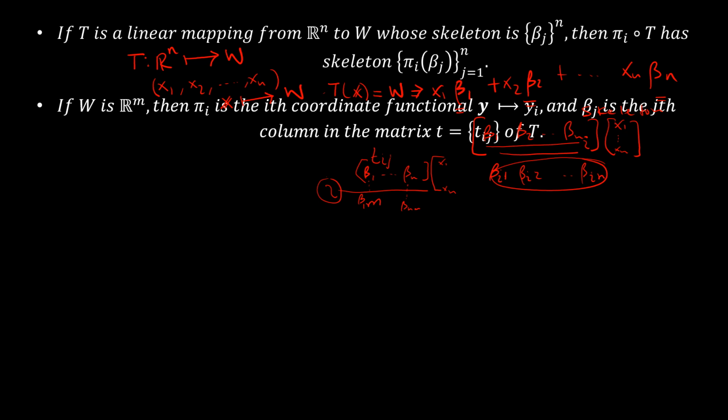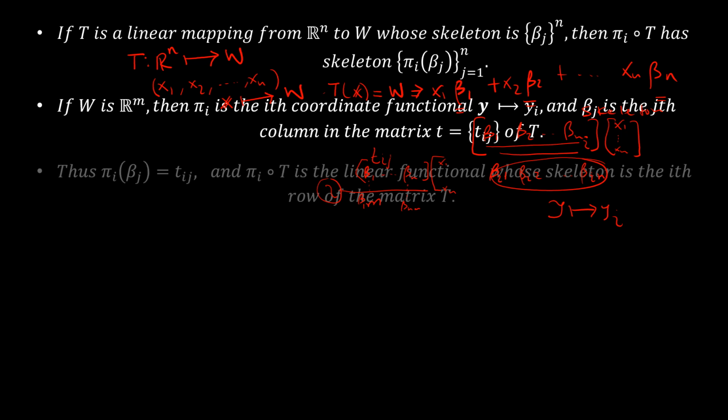So if y is transformed to the yi term, we are looking at bj, the jth column, and the matrix T, this matrix here is Tij of T. So this coordinate function here is simply the Tij term.